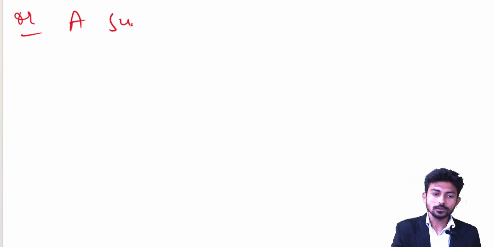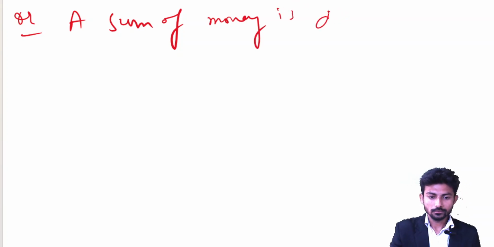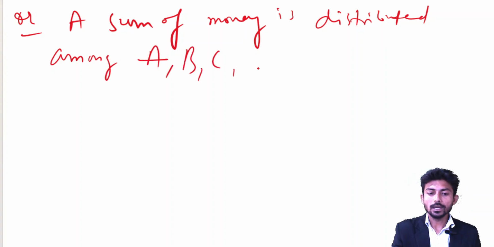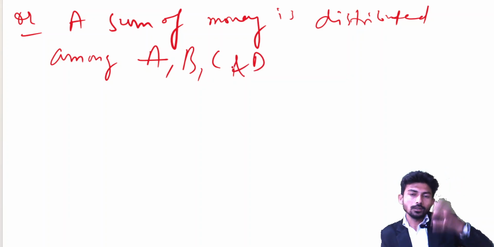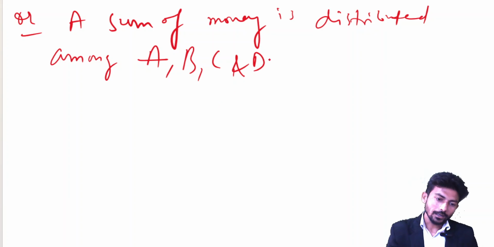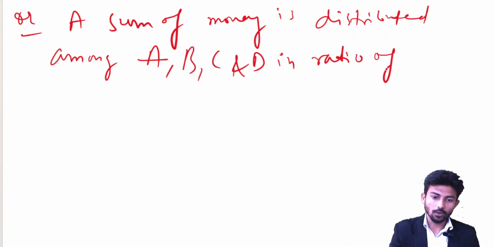Let's suppose a sum of money is distributed among A, B, C, D. These are the four people, A, B, C, and D. We are distributing some amount of money among all these four persons in the ratio of 9 ratio 5 ratio 8 ratio 3.